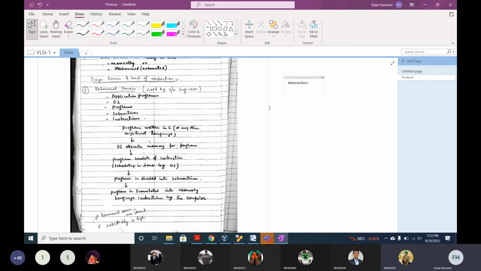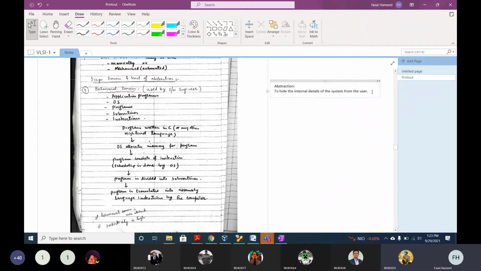So we define abstraction as hiding the internal details of the system from the user. What is the basic advantage of abstraction? The primary advantage of abstraction is that we hide the internal details of the system from the user.